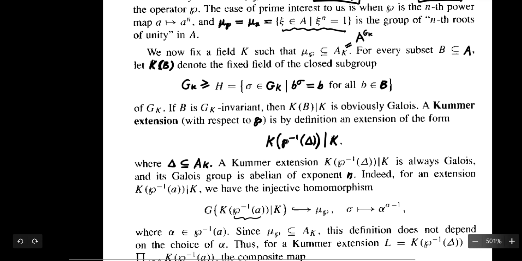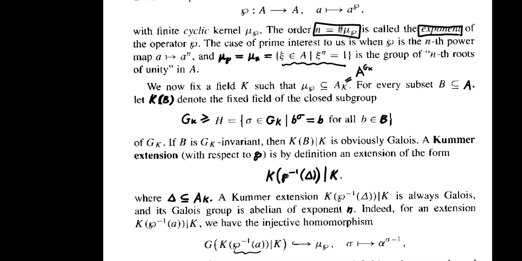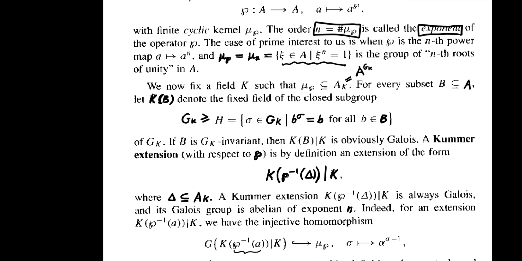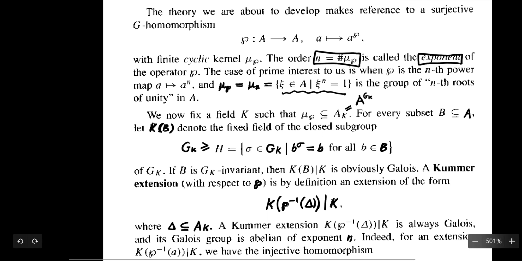We call that mu p. Mu p is a subgroup, a subset of A, so it should be a submodule.